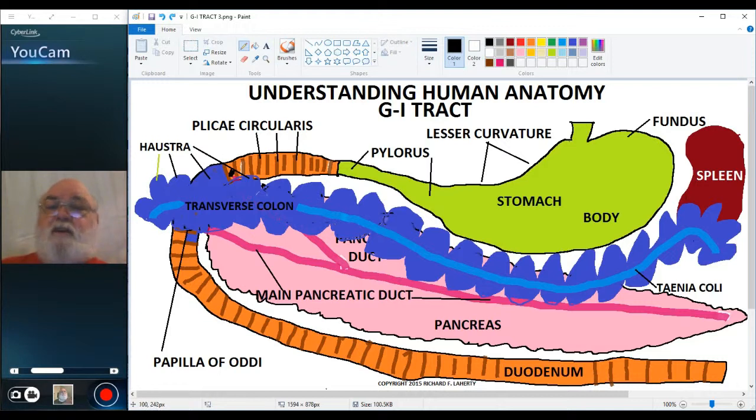Next, I'm going to sketch in the attachment of the greater omentum, and it runs along the transverse colon and along the greater curvature of the stomach and then back onto the transverse colon.